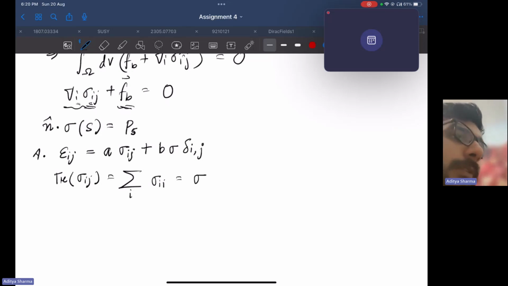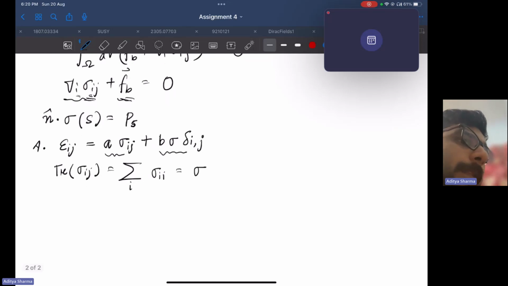That is why we want to write this term differently from this term, because we want to see their effects differently. When i is not equal to j, these constitute the shearing stress, and when i equals j, it's just the pressure.